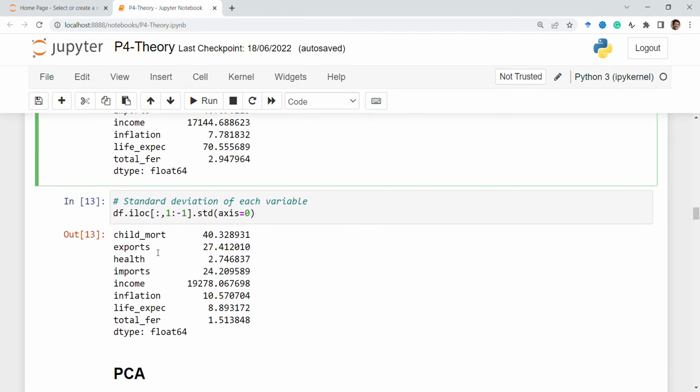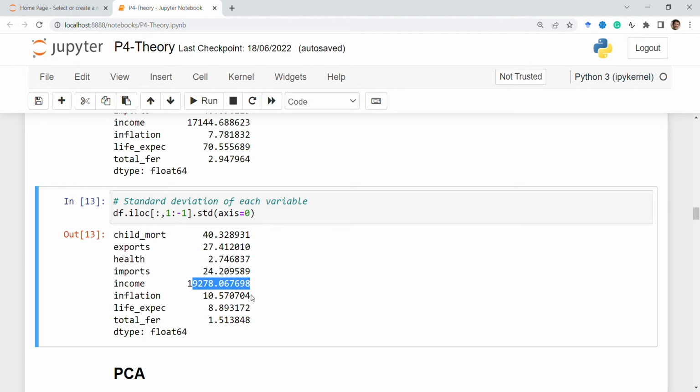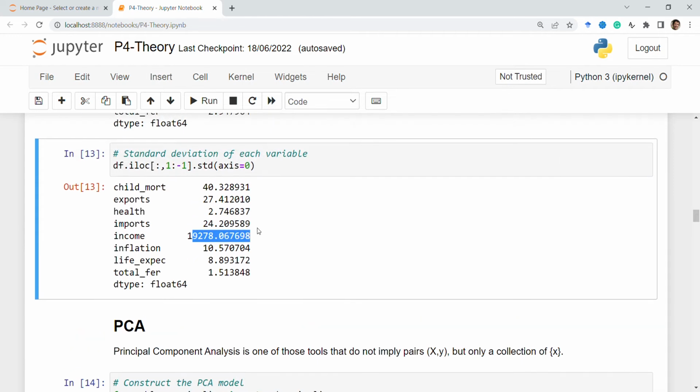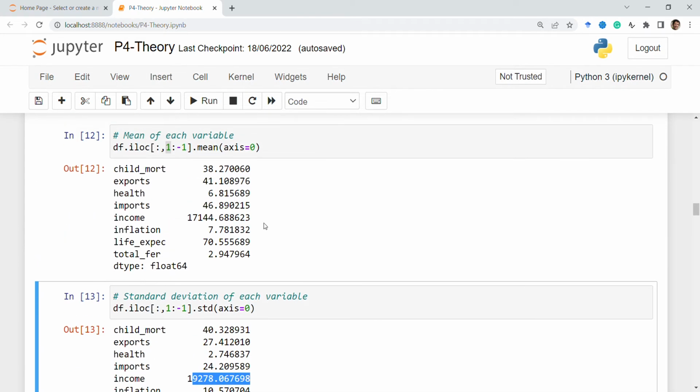And then we have the export. So the standard deviations, we see what are the standard deviations of the different variables, and the standard deviations are important, and the means, because you remember that the covariance is the expected value of the first variable x1 minus the mean of x1 times x2 minus the mean of x2.